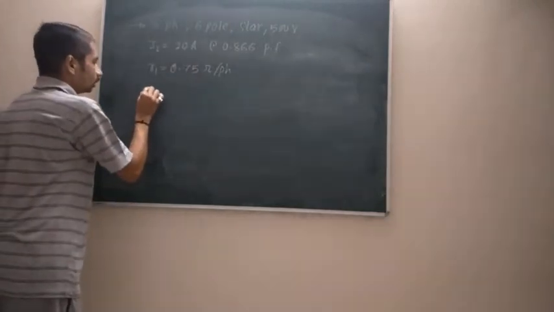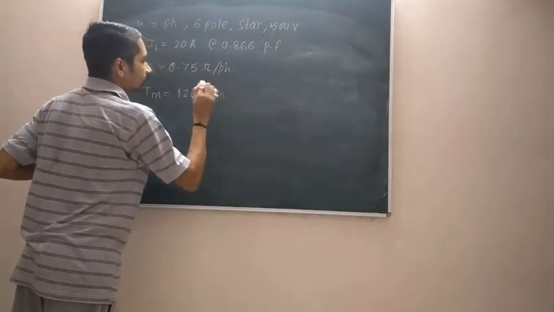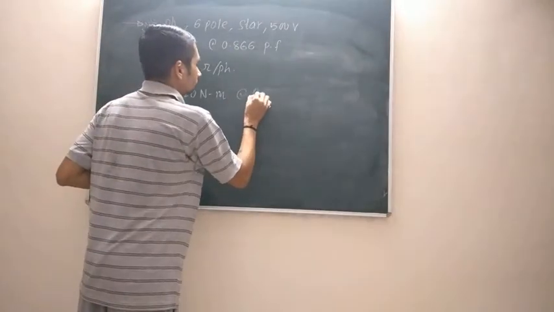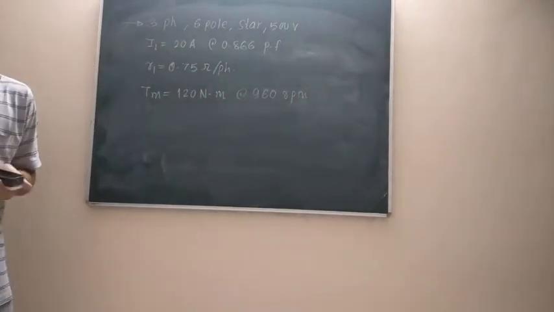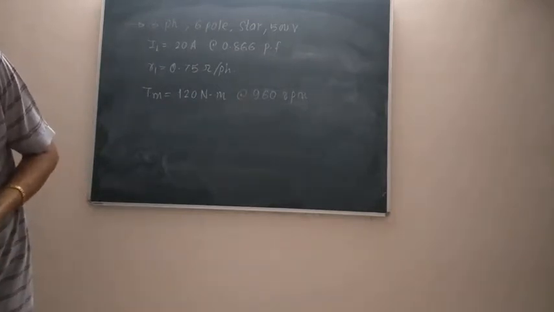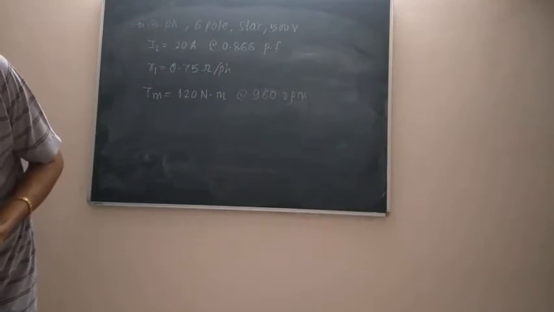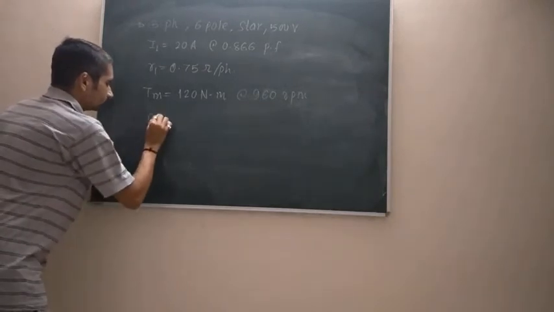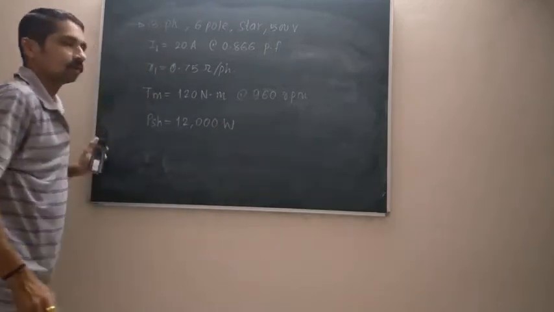So the mechanical torque they have given is 120 Newton meter at a speed of 960 rpm. The useful mechanical power obtained is 12 kW. That means the mechanical power or the shaft power they have given, P_SH, is 12 kW or 12,000 watts.